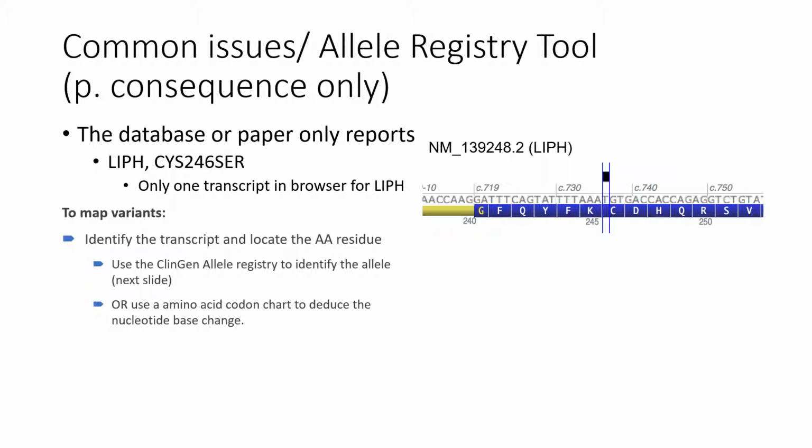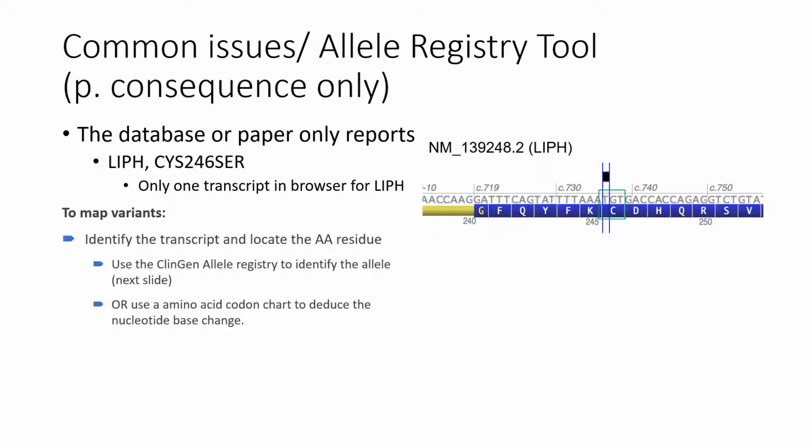The first way, which I'll show you, which is also the one that I think is the most fun, is identifying the amino acid position in the genome browser and then utilizing an amino acid codon chart to figure out which base is being altered.